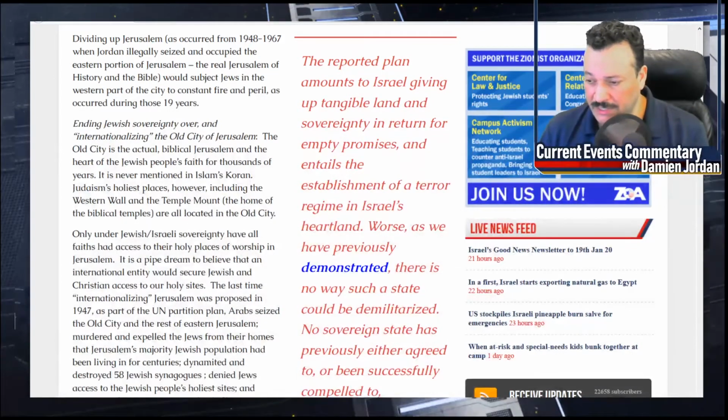The Old City is the actual biblical Jerusalem and the heart of the Jewish people's faith for thousands of years. It is never mentioned in Islam's Quran. Judaism's holiest places, however, including the Western Wall and the Temple Mount, the home of the biblical temples, are all located in the Old City.